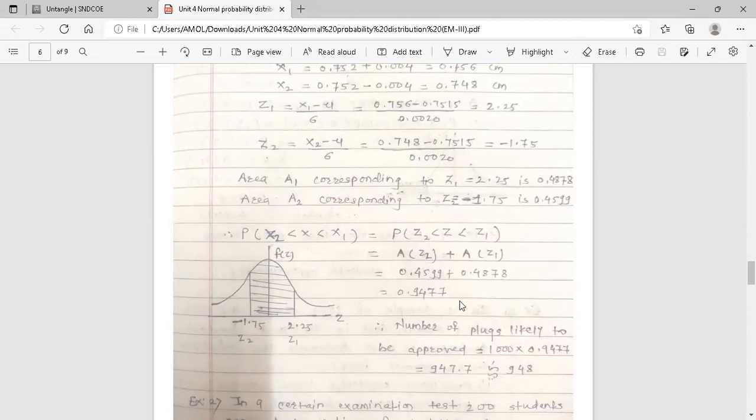And you just add these two areas, 0.4599 and 0.4878, and that will be your answer, 0.9477.